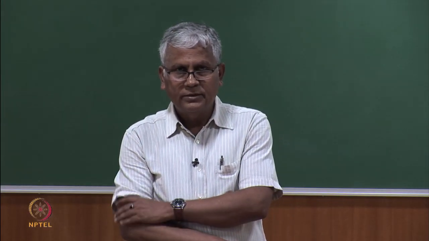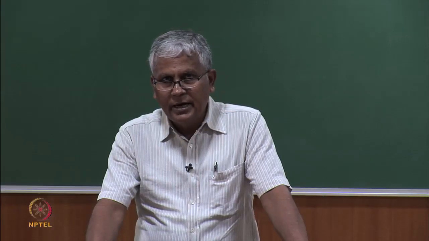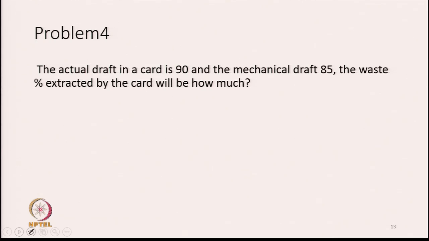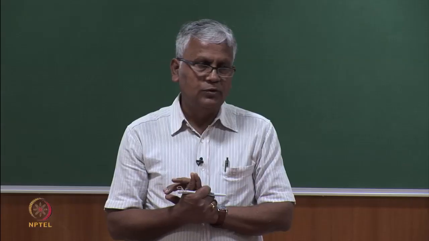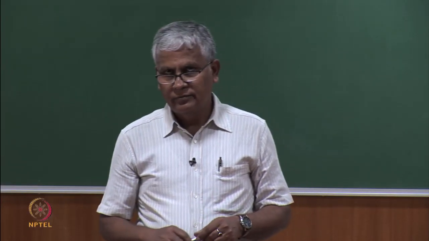The actual draft in a card is 90. Okay. So, actual draft, this word is important. The mechanical draft is 85. You have already learnt that draft in the carding machines could be two types, one is actual and the other one is mechanical.